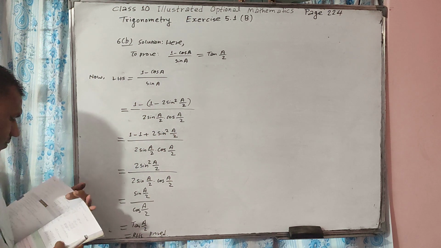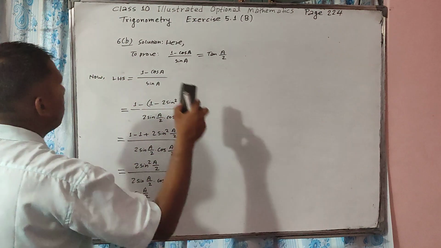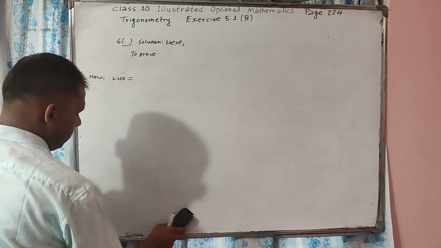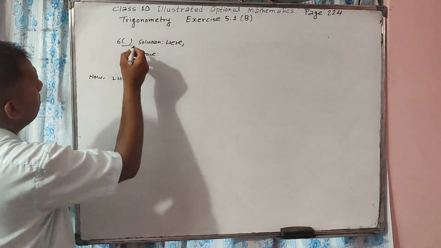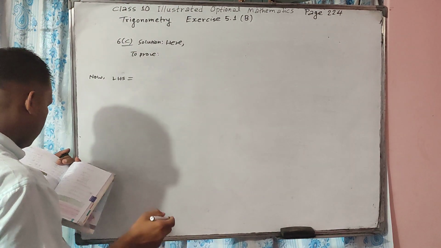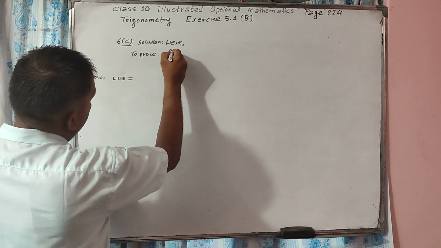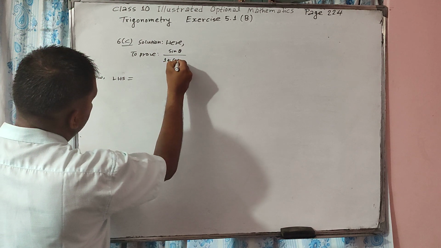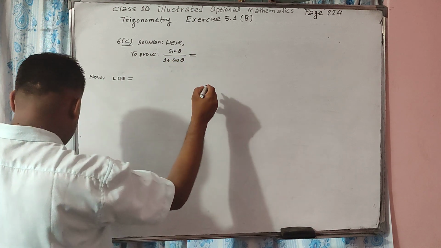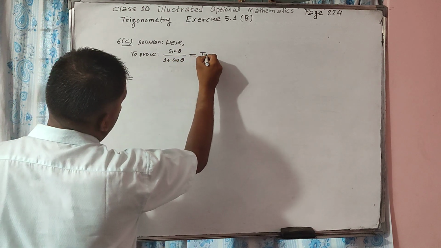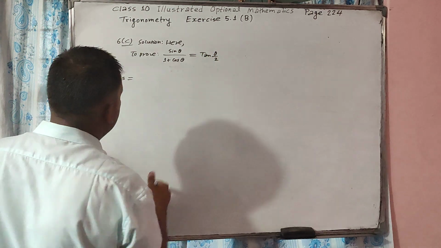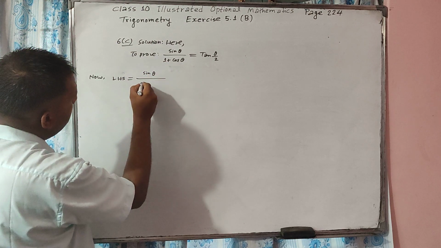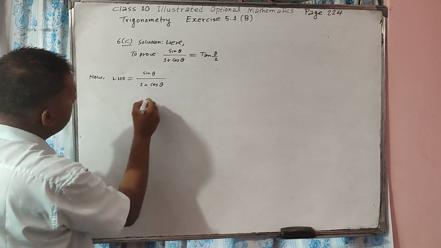Now next question, 6C. On C, we have to prove sin theta upon 1 plus cos theta is equal to tan theta/2. Now LHS is equal to sin theta upon 1 plus cos theta.